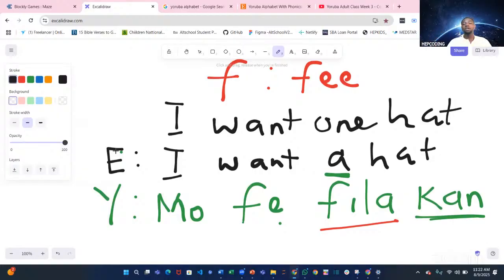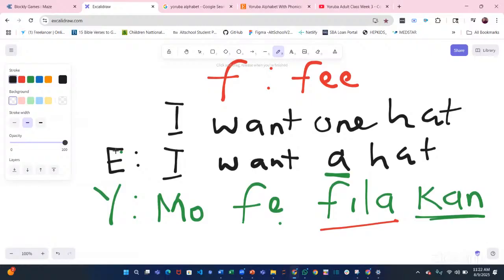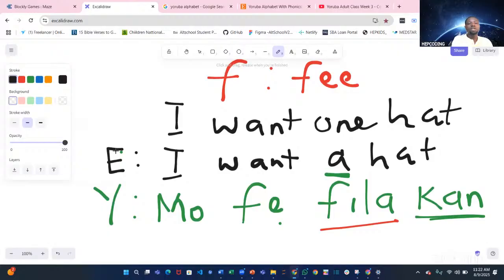All right. So, mo fẹ́ fìlà kan. Kan is the one. But even if you just say mo fẹ́ fìlà, it's still meaning just one hat in that sense, but it will be much clearer if you use the preposition with it. And in this case, it's just counting. So this means one. You get the logic now.